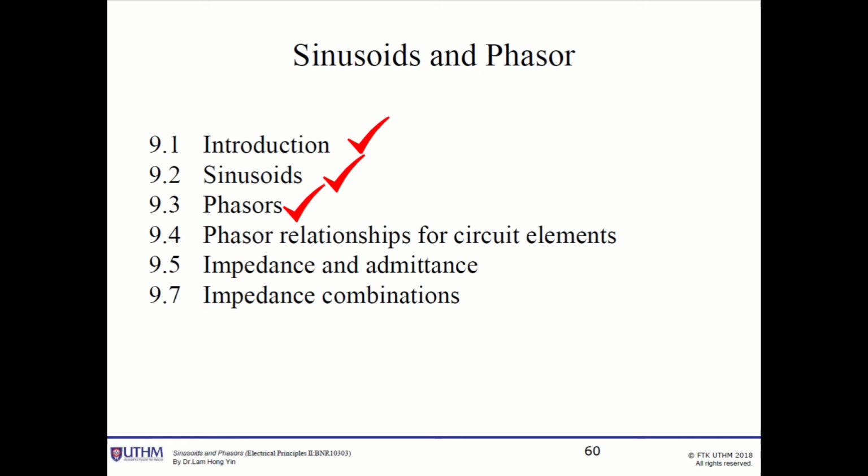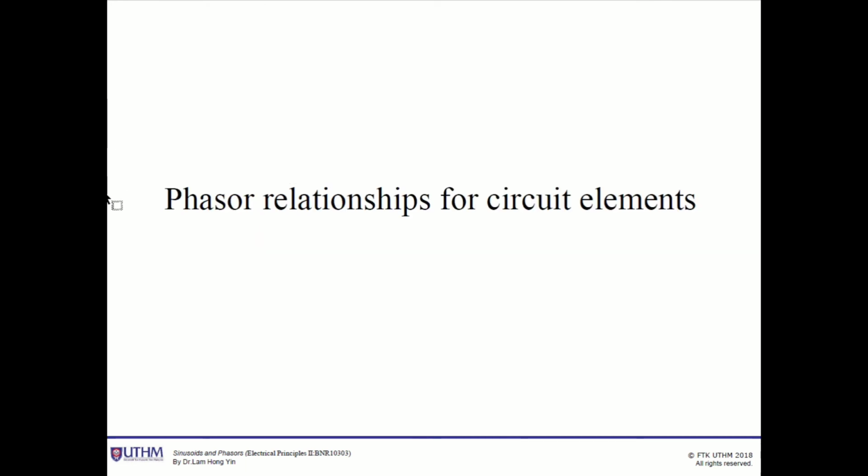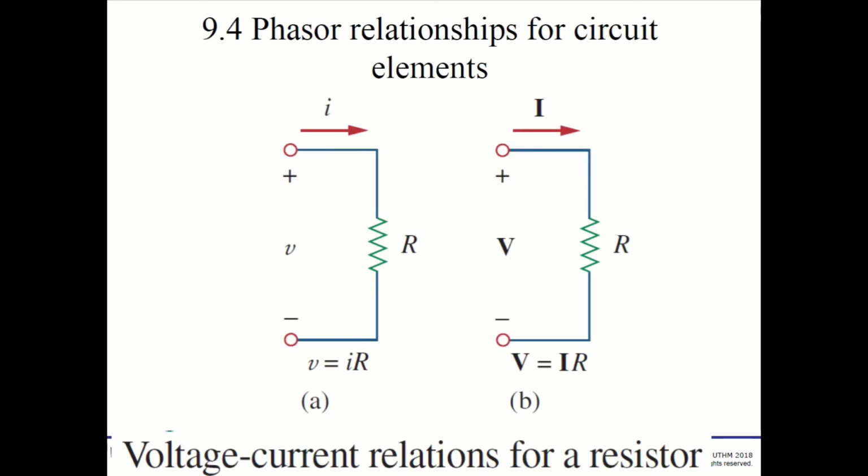We already discussed the introduction, sinusoid and phasor. Now we're going to look into the phasor relationships for circuit elements. This is the phasor relationship for circuit element R, which is the resistor.